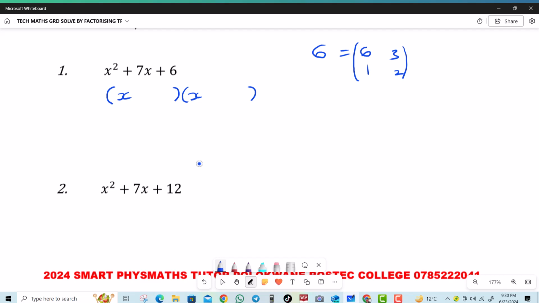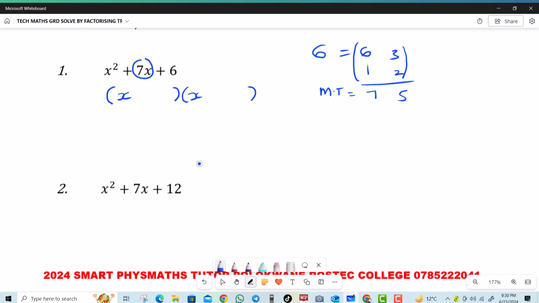Now the other condition should be when you add these factors, you must get the middle term. So in this case, when you add these ones, what do you get? What is 6 plus 1? You get 7. 3 plus 2, you get 5. So you check which of these two is appearing in the middle term here. Our middle term here is 7x.